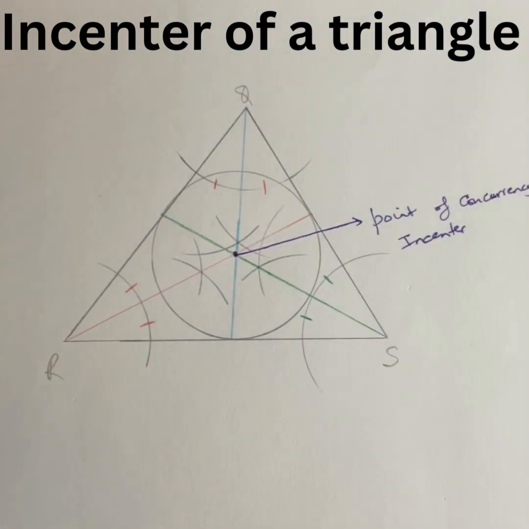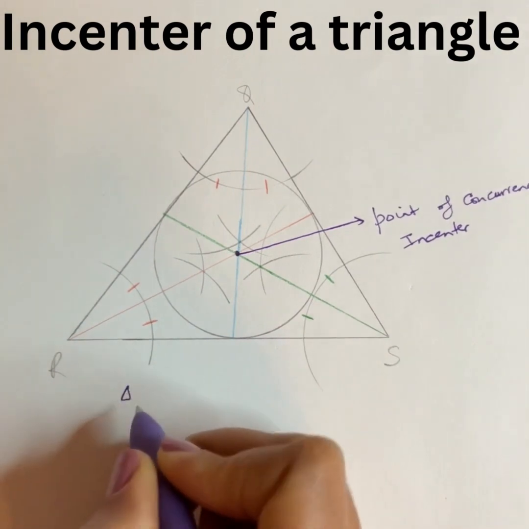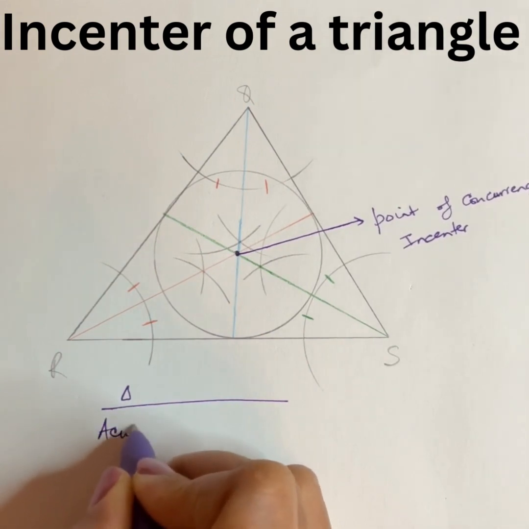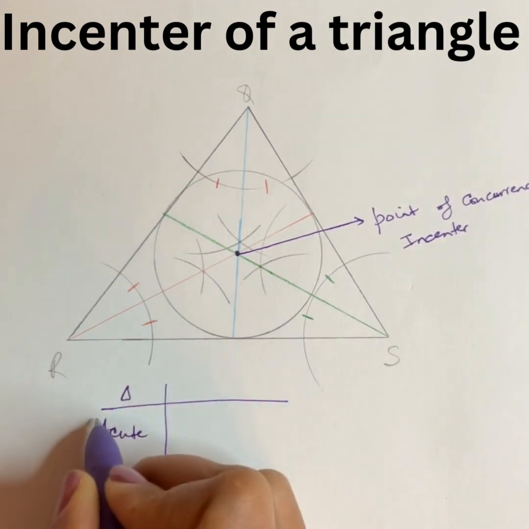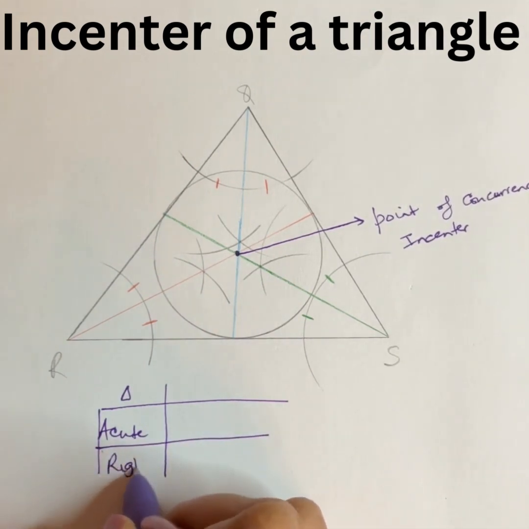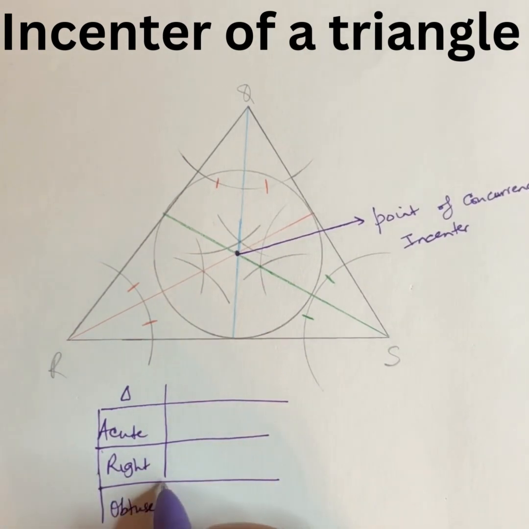And you can form a table, and you can literally have the types of triangle here, which would be an acute, a right triangle, and lastly an obtuse triangle.